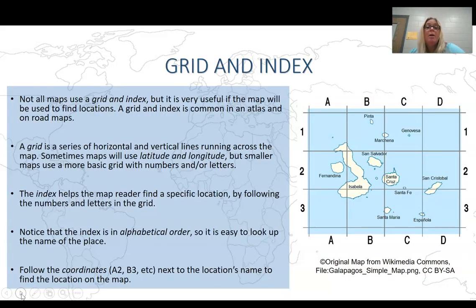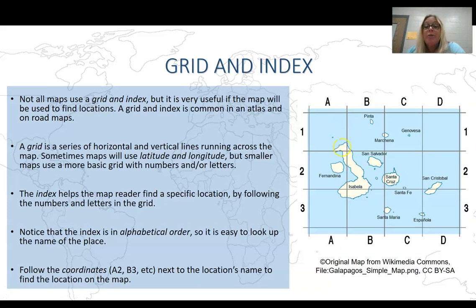All right, how about a grid and an index? Not all maps have a grid and index, but it's a very useful tool on a map to help us find location. A grid and index is very common in an atlas or on road maps. So basically a grid is a set of horizontal lines running here, east to west, and a set of vertical lines, those that are going north and south.